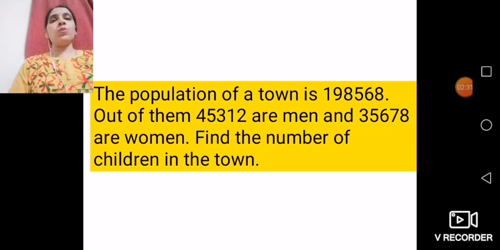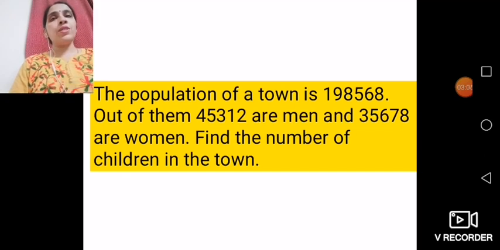So, in this question what is given? The total population of a town is given, that is 1,98,568, out of which the number of men is given, that is 45,312, and the number of women is also given, that is 35,678. So, children, tell me how will you find the number of children in the town?